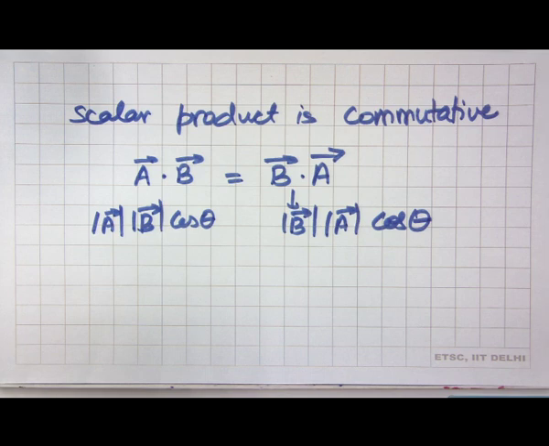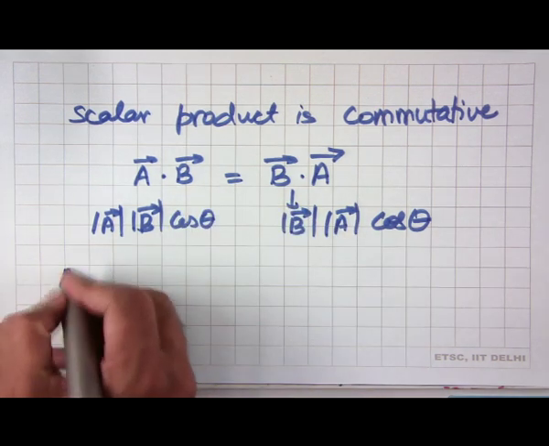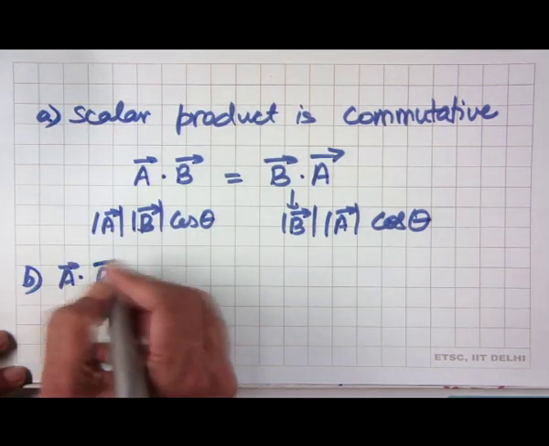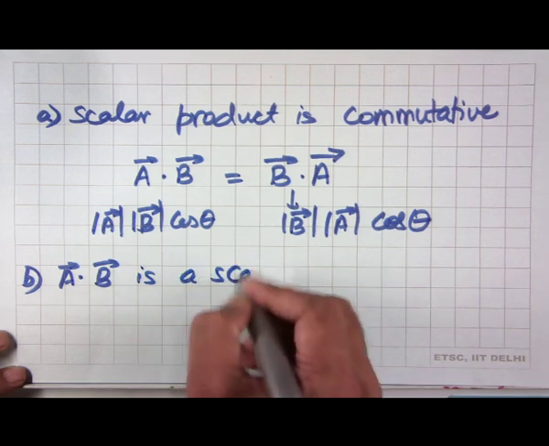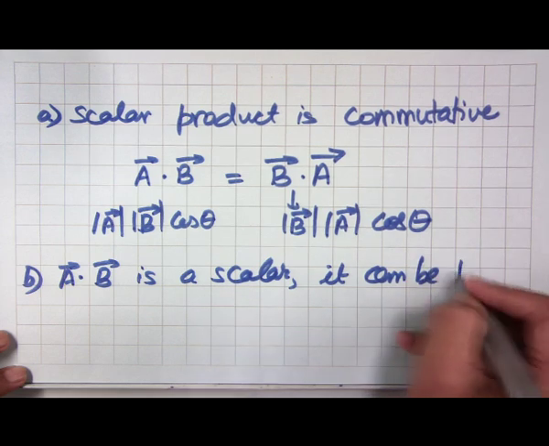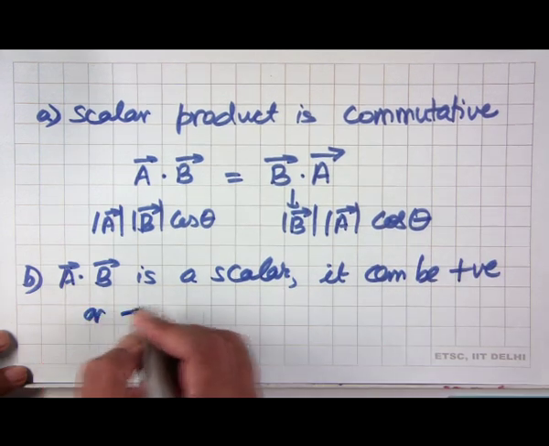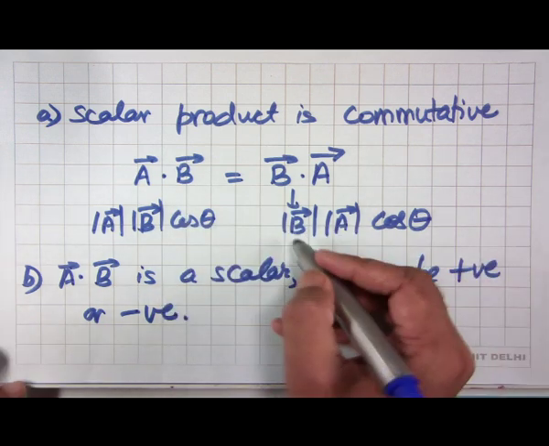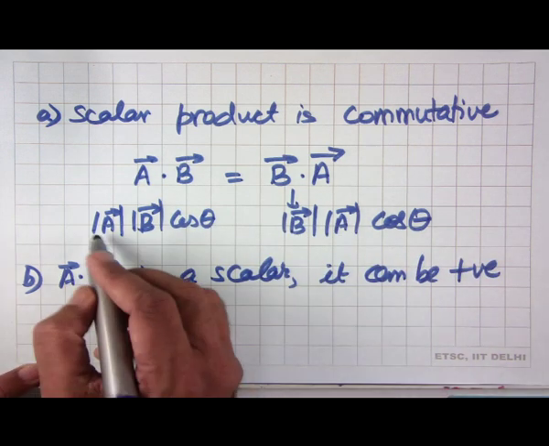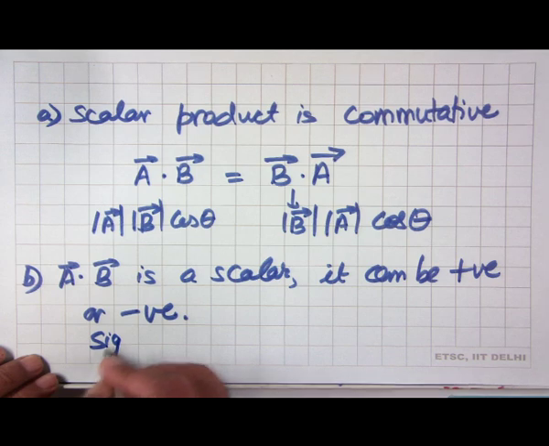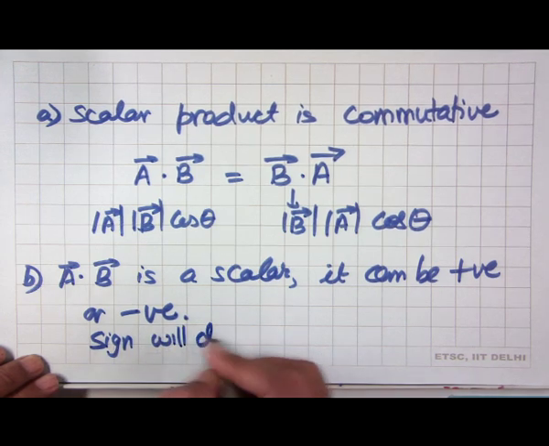Okay. Now, while A dot B is a scalar, the second property we see is that it can be either positive or negative. So it can have a sign, and this will depend on the angle. Magnitude of A will always be positive, magnitude of B will always be positive. So the sign will depend on angle theta.